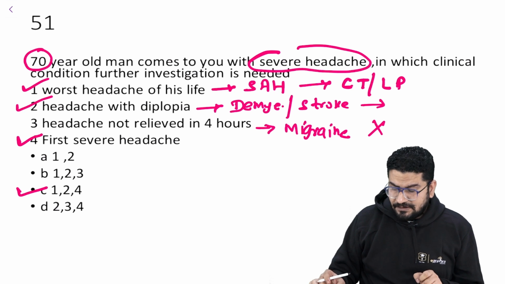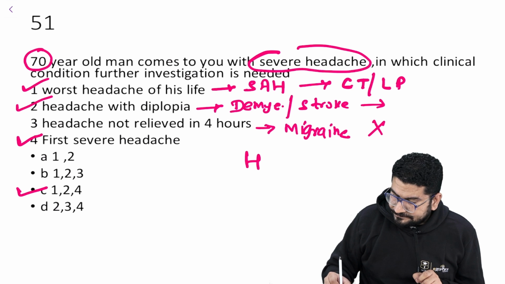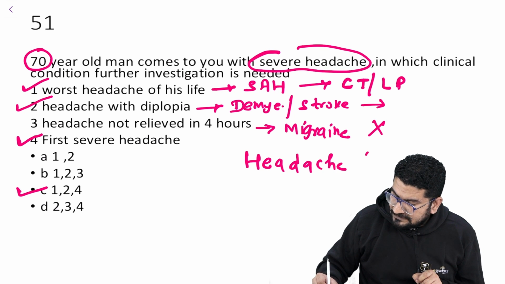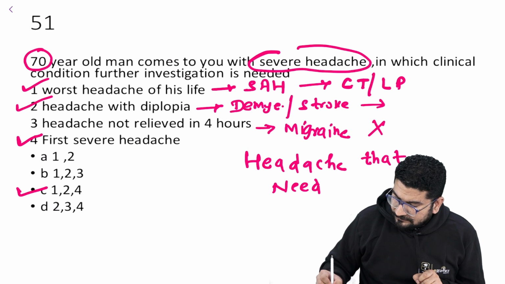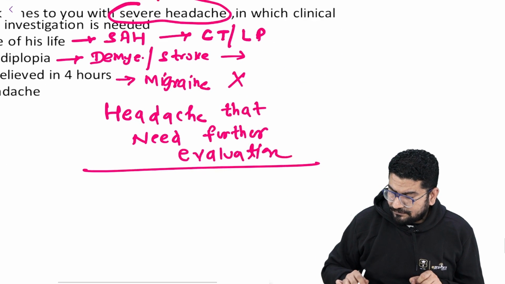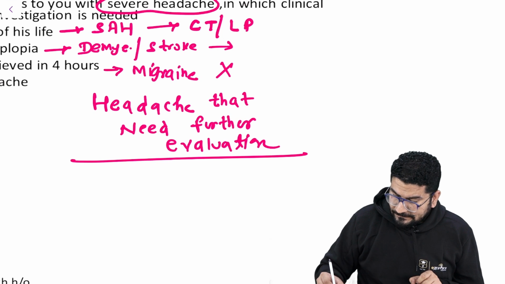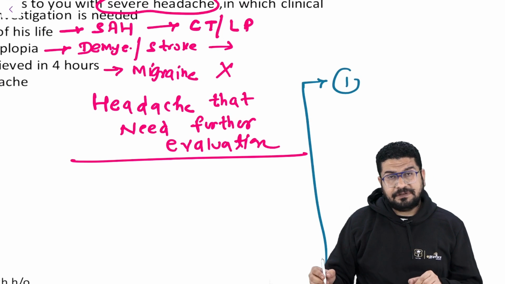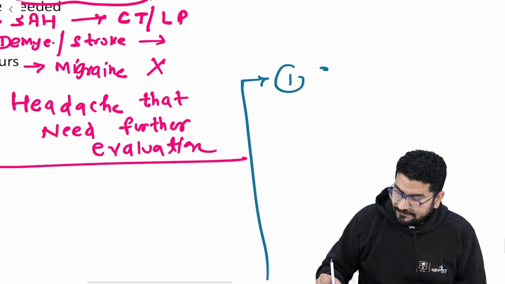Understand this: remember the types of headache that need further evaluation. This is a table given in Harrison. What are the types of headache where you need to evaluate the patient and try to diagnose the cause? There are many conditions. The first condition in my list is any headache of sudden onset.